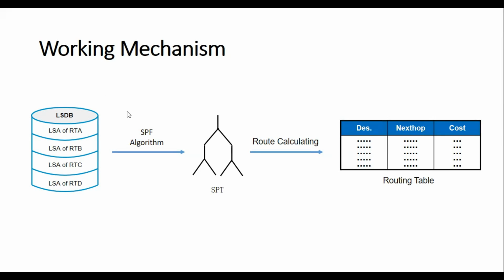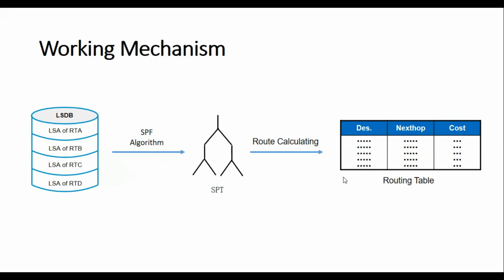So the first thing is the neighbor relationship, then flooding of link state information, building of the link state database, and then from the link state database, we run the SPF algorithm, the shortest path first algorithm, to create a shortest path tree from which we'll calculate the best routes.